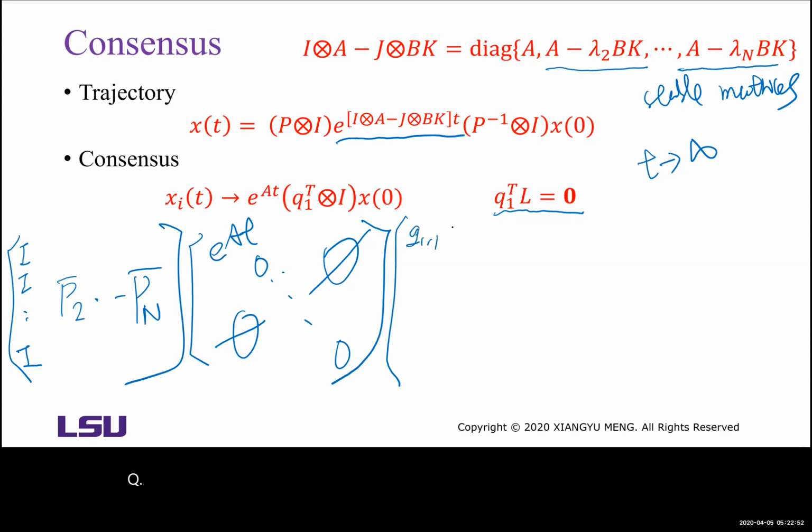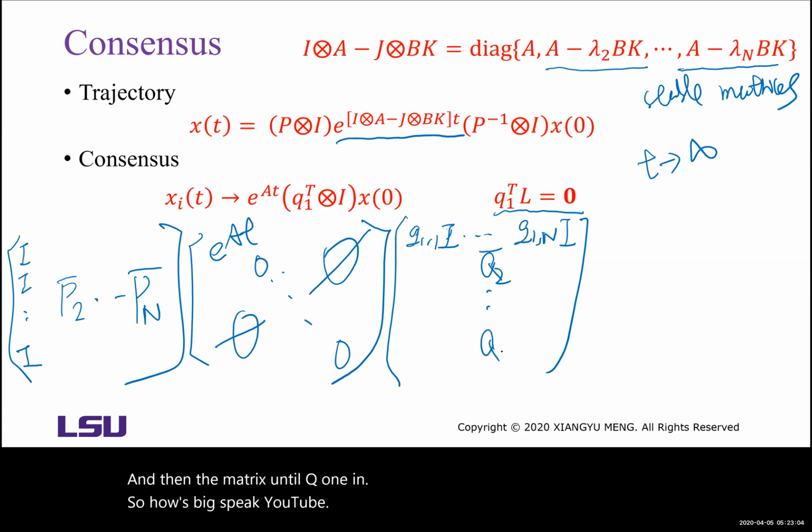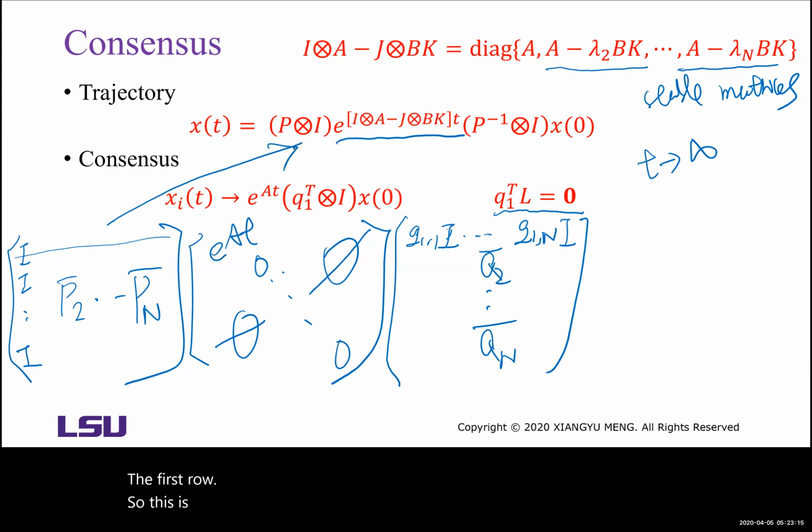Q11, and then the matrix until Q1n. Then we have big Q2, big Qn. So this is P, and this is P inverse.